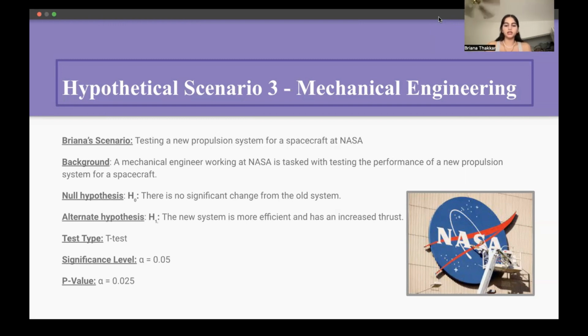The data is based on specific impulse, thrust output, and fuel consumption rate. With the hypothesis testing, the engineer applies a t-test to compare the performance data from subject 1 and 2, and the p-values are calculated and determined and are compared to a significance level of 0.05.